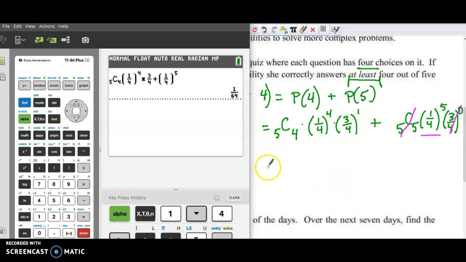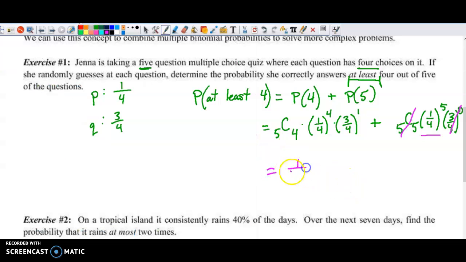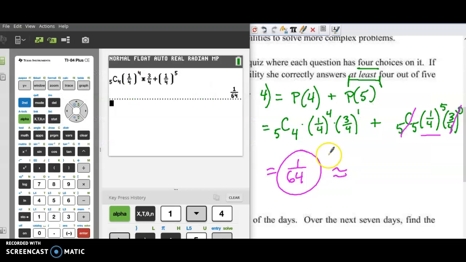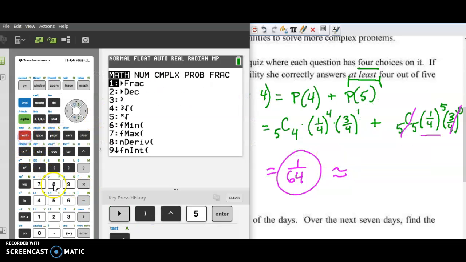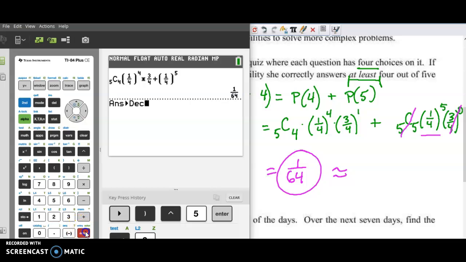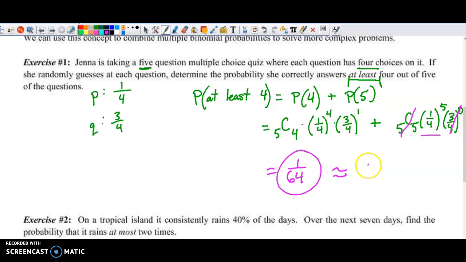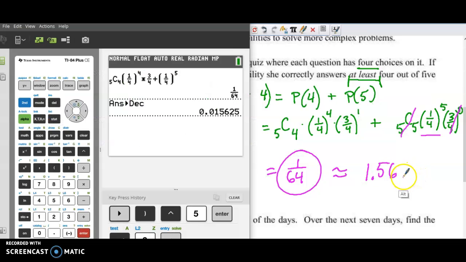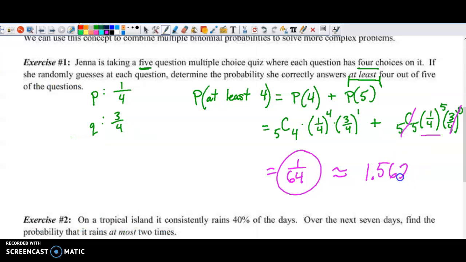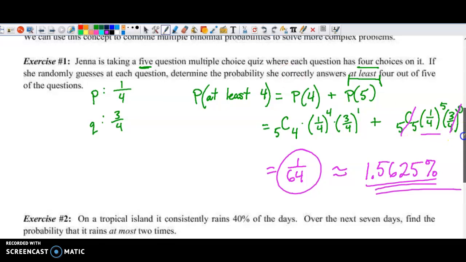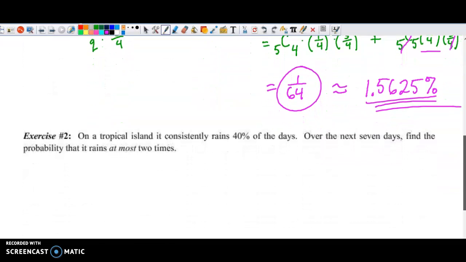There you go. So the ending probability is 1 out of 64, or you can change that to a decimal or divide it. 1.6%. It'd actually be faster if you just wrote it all out. 1.5625%. So not very likely that Jenna could just randomly guess and get at least 4 answers correct.